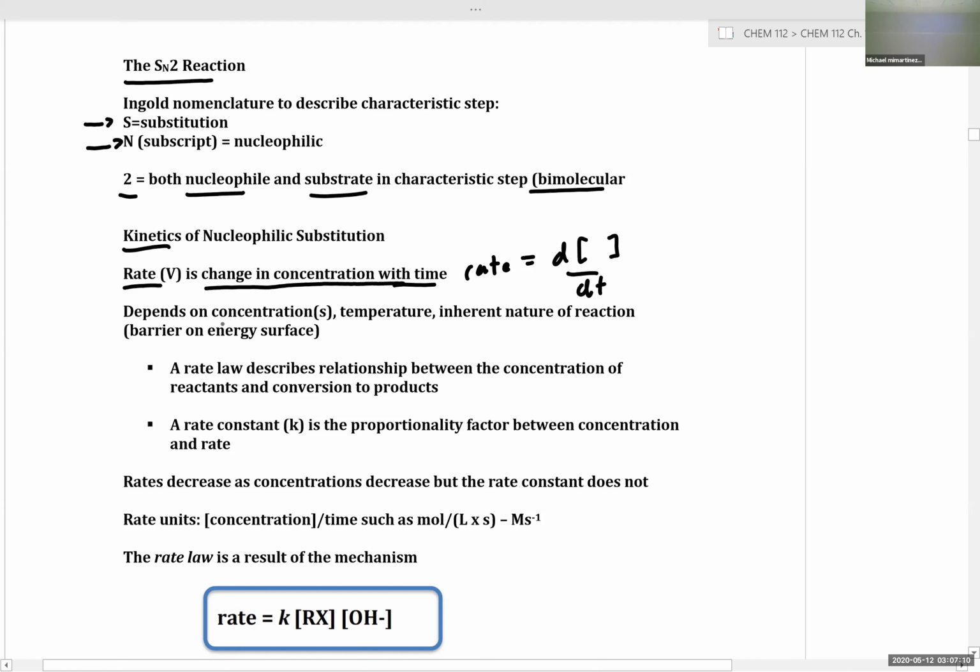The rate depends on the concentrations, temperature, and the inherent nature of the reaction. A rate law describes the relationship between the concentration of reactants and the rate of conversion to products. The rate constant is a proportionality factor between concentration and rate.